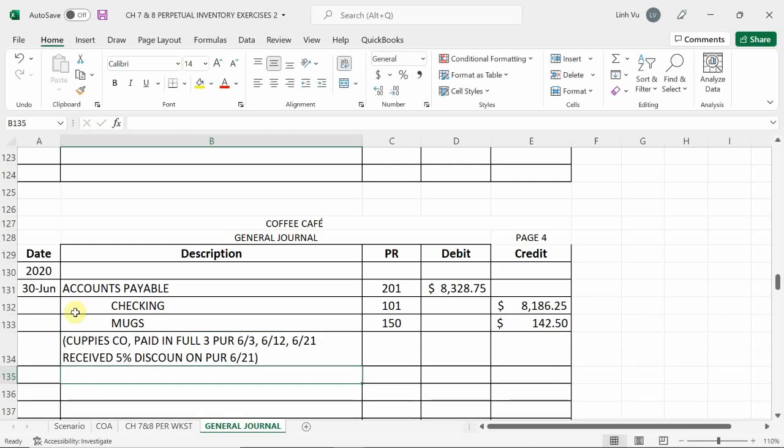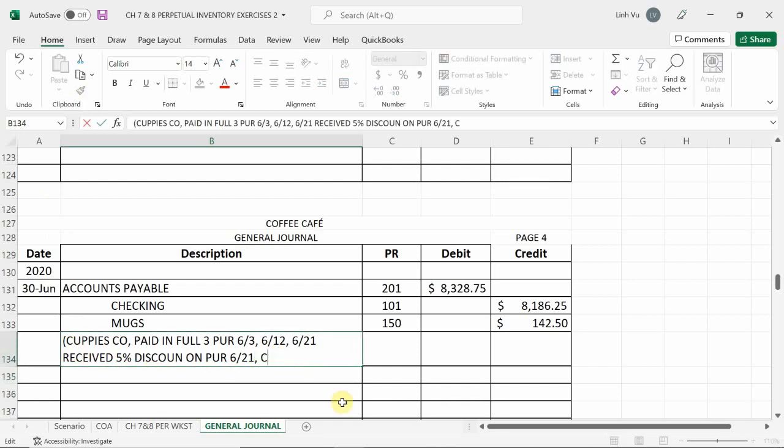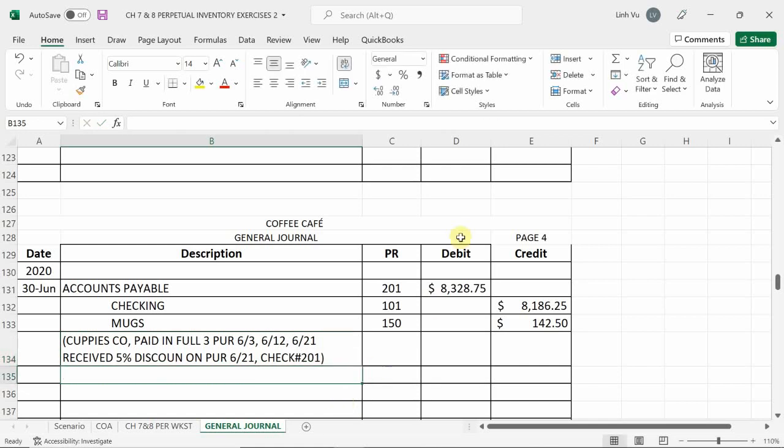Okay. And of course, you can also write here that you said that you paid with check number 201. Okay. So that is it.